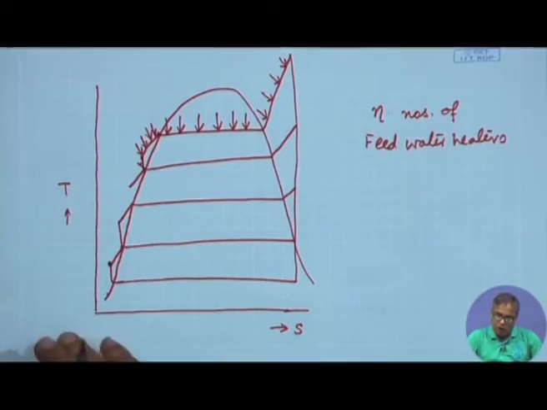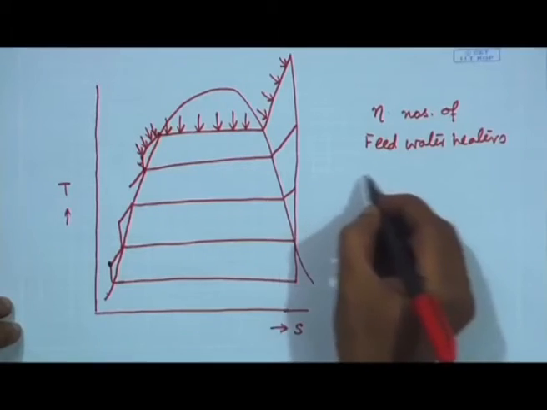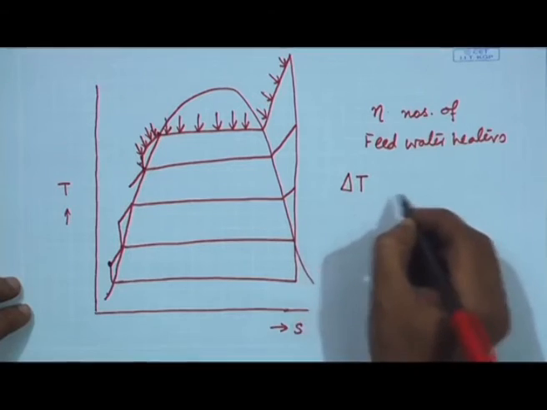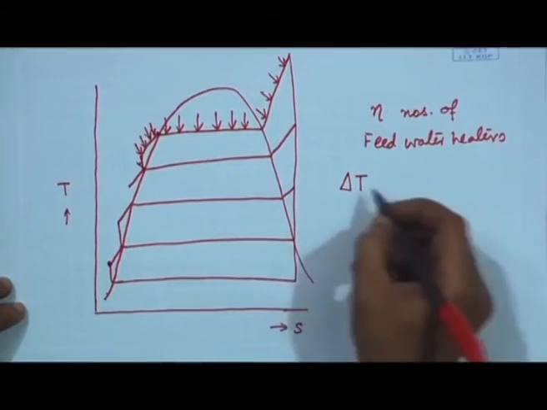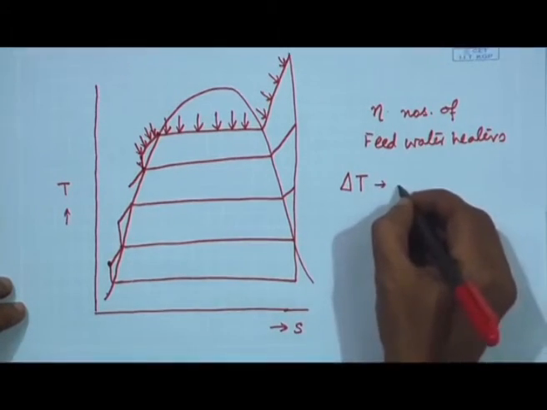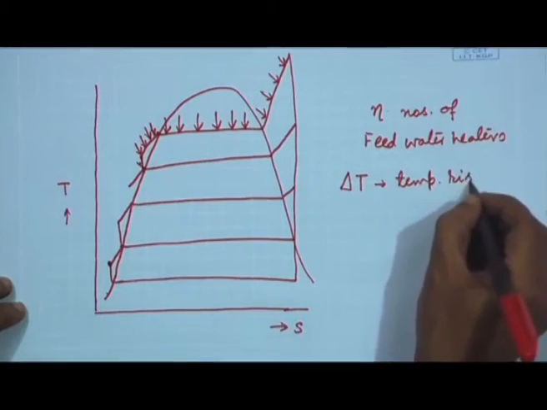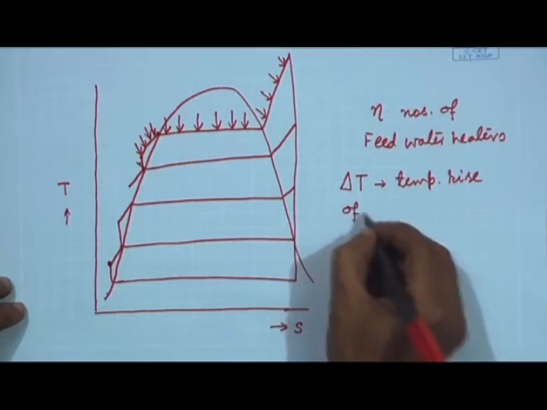Corresponding to the boiler pressure, I know the saturation temperature also. So, I have to raise by an amount delta T, the temperature rise of the condensate.